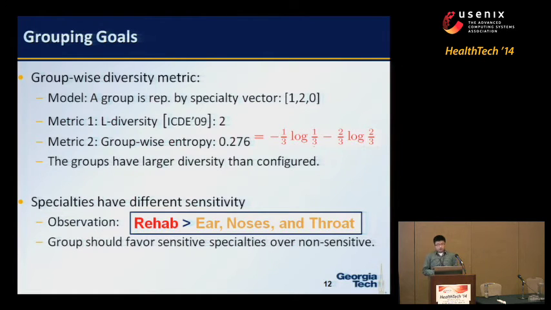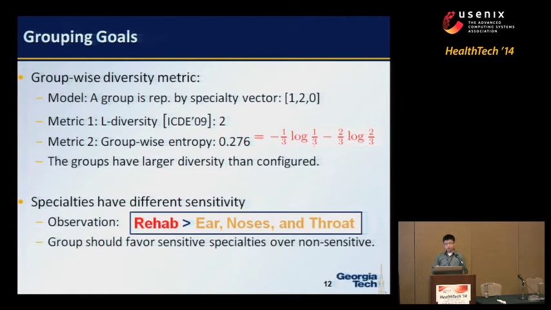Okay. During the grouping process, we consider two goals. One is diversity. The other is differentiated sensitivity. In terms of diversity, let's take a look at the group model. Each group will have several hospitals. Each hospital is modeled by a specialty vector.